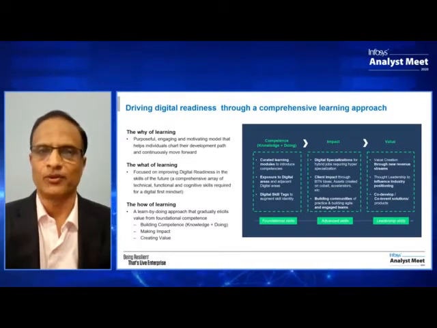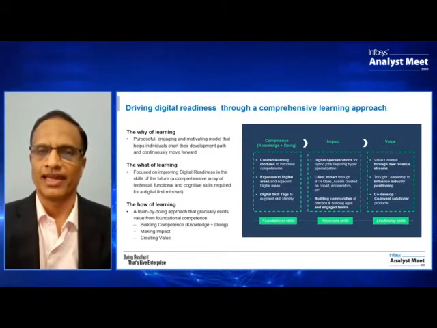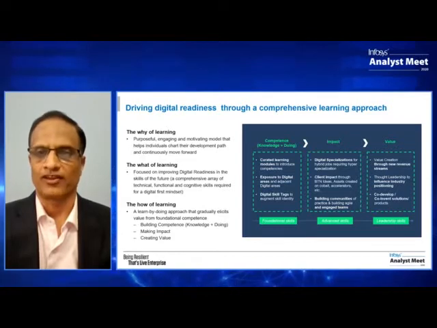Our strategy to build digital readiness, both at individual and enterprise level, is through focused and purposeful learning. This is driven through 3 principles. The why: designing a learning model that is purposeful, engaging and motivating enough for individuals to take charge of their development and move forward.